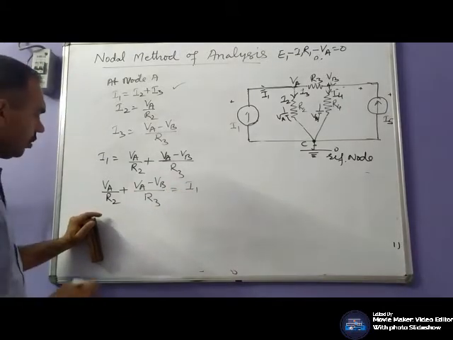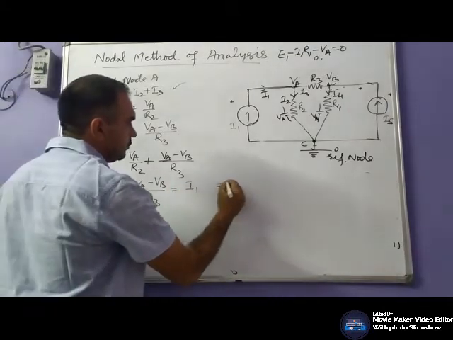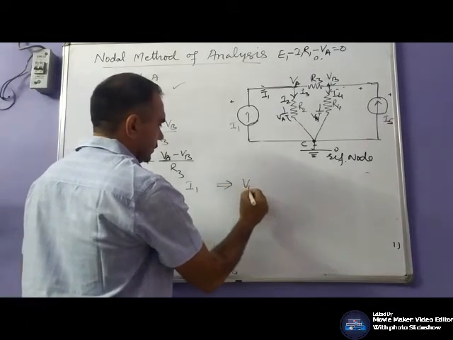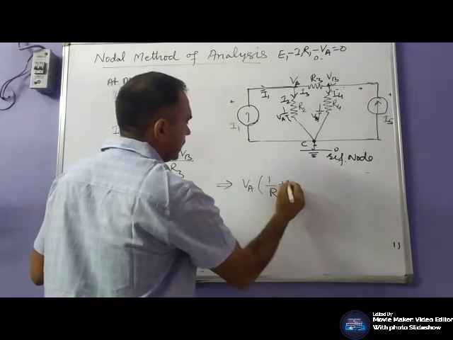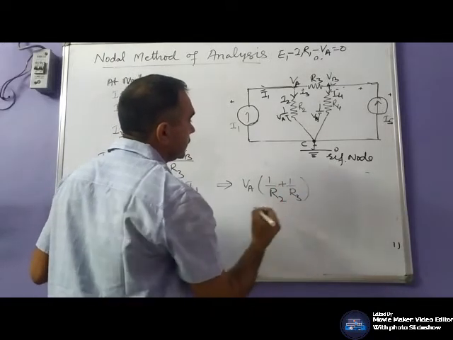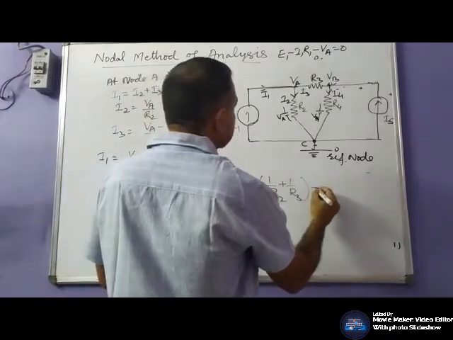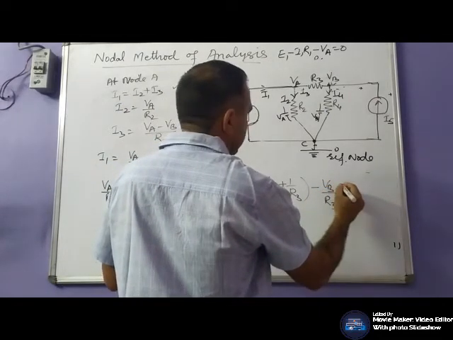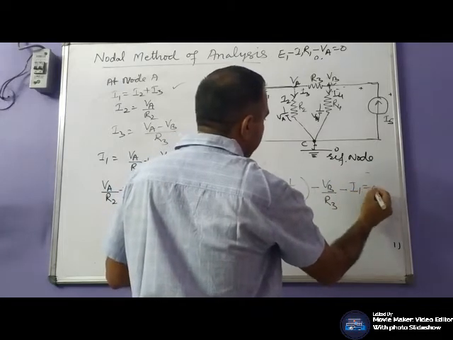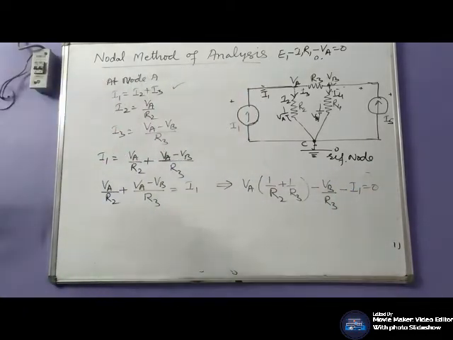Or if you simplify it, VA (1 by R2 plus 1 by R3) minus VB by R3 minus I1 would be equal to 0.